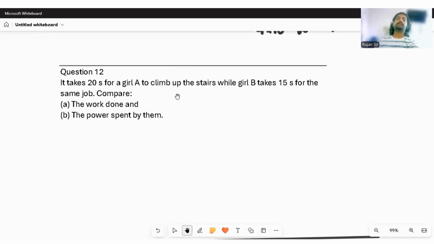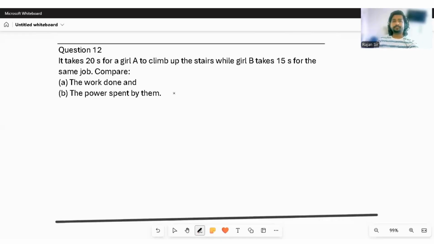So I'll write a given part. It takes 20 seconds for a girl A to climb up the stairs while girl B takes 15 seconds for the same job. Compare the work done and the power spent by them. So first you have to compare the work done. So the work done remains the same, so we can understand they are climbing the same thing.